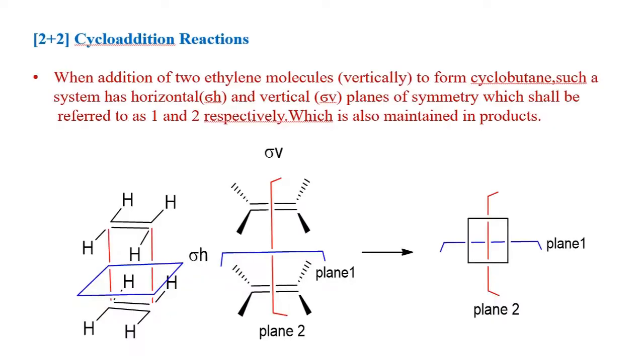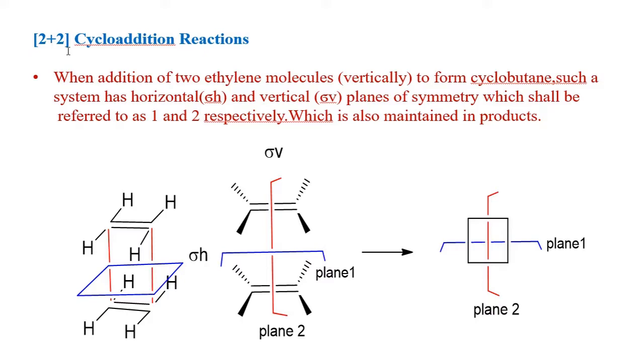Now let us consider the correlation diagram method of analysis in cycloaddition reactions. Remember, cycloaddition reactions are those pericyclic reactions in which two or more pi systems add together to form a cyclic adduct.